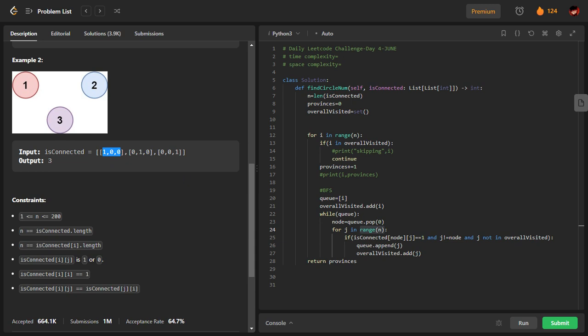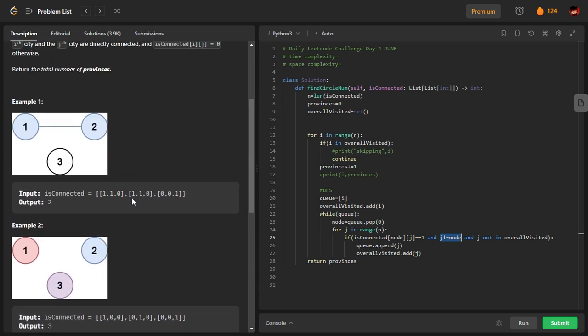If is connected node of j is equal to 1, and j is not the node, this is to avoid self loop. For example, in this case second node is connected to first node, so that is what j is.